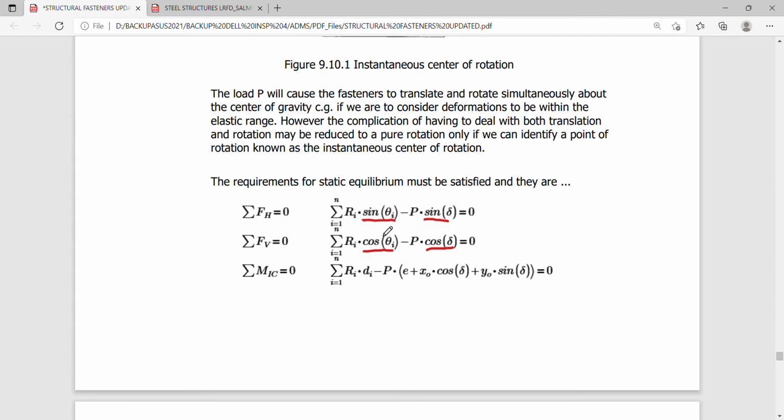So in that case, the moment about the instantaneous center can now be solved by simply multiplying all the components of Ri's and P with that of the moment arm.